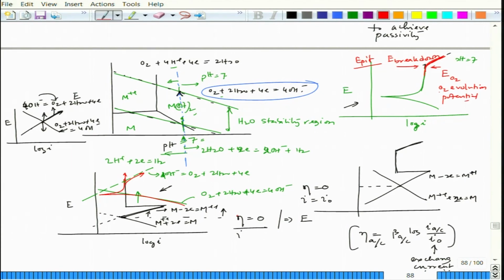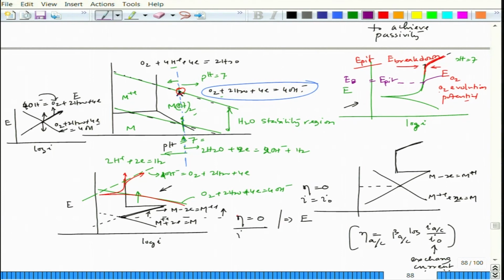Now, pitting happens many a time without reaching that particular potential; pitting can happen before that. So that time this can go like this. Then we can say that this is E pit, or sometimes E breakdown, EB. This is the basic difference between oxygen evolution and E pit.